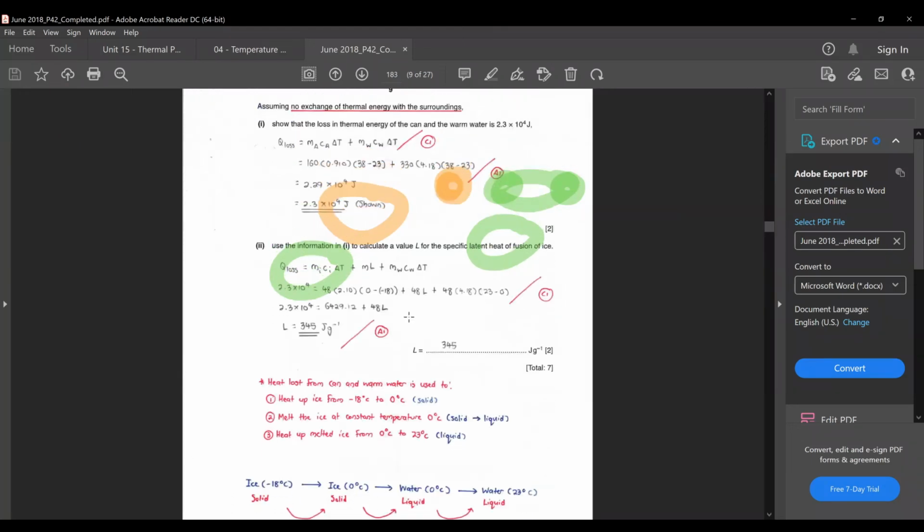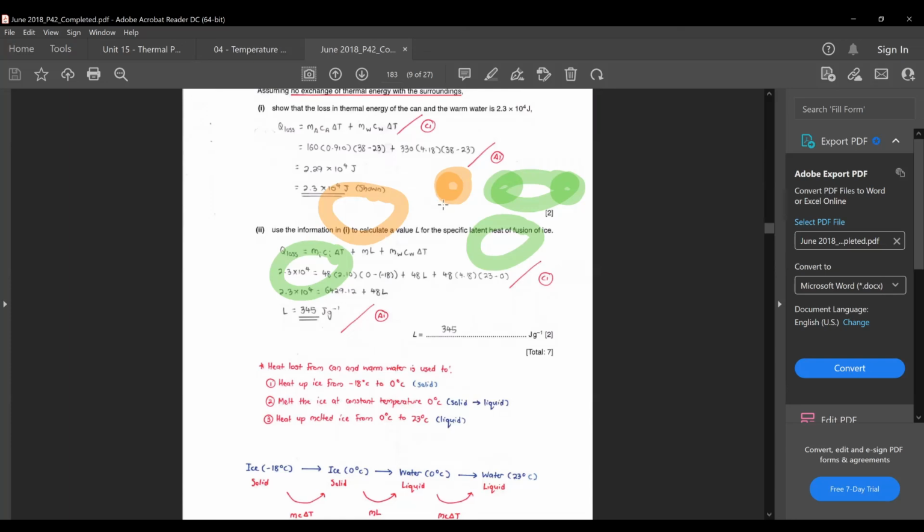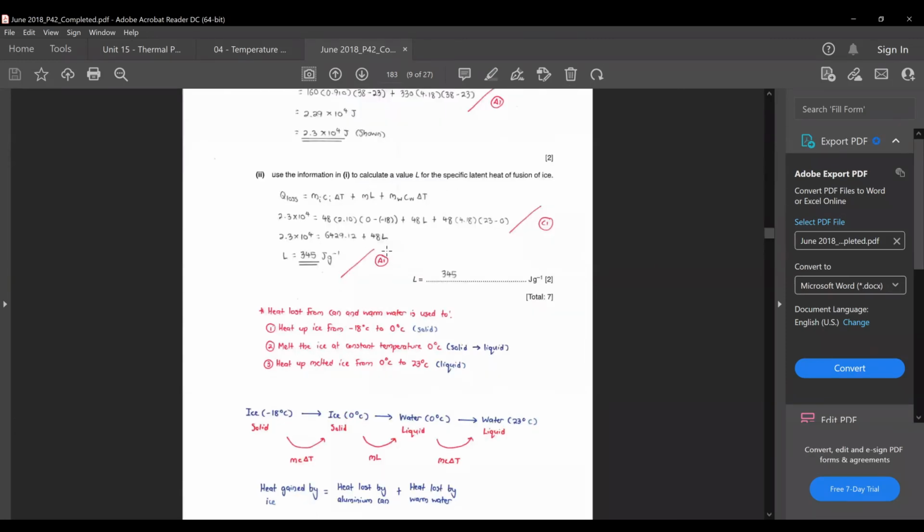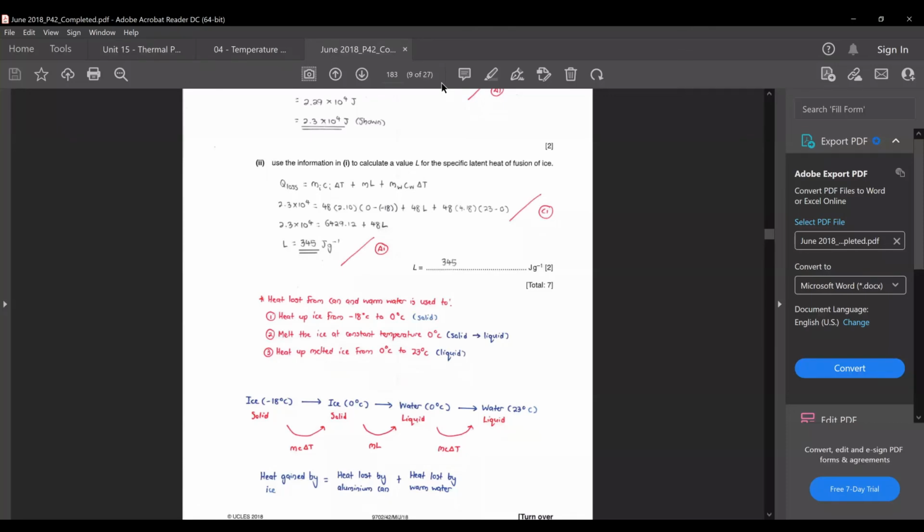Now, heat lost by the can and water will be heat gained by ice. You see this equation that is first written here.